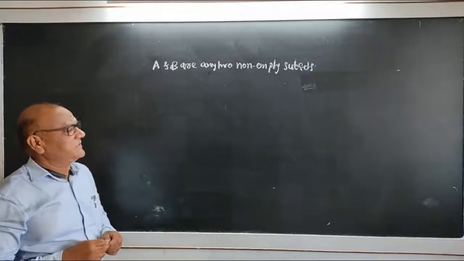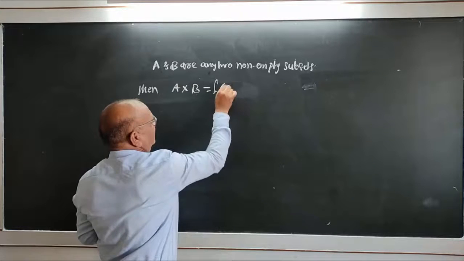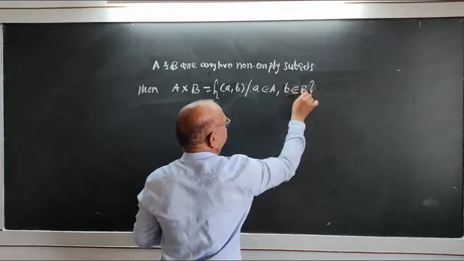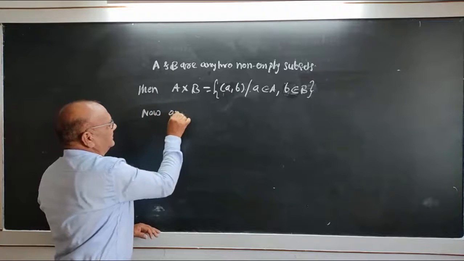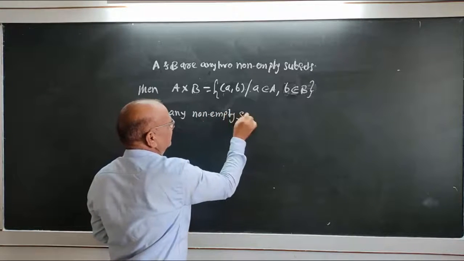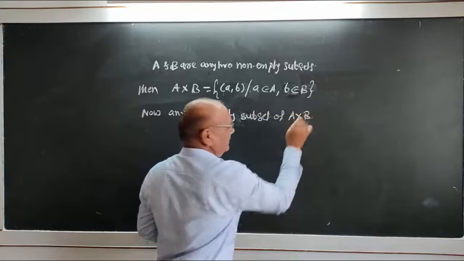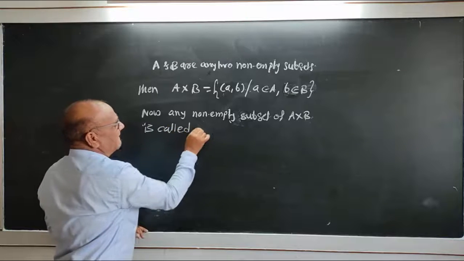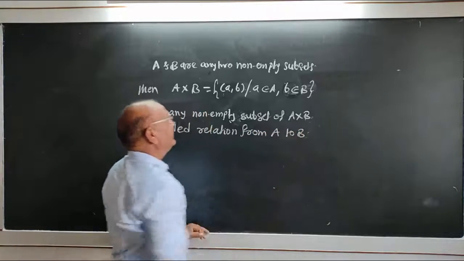Then A cross B is the Cartesian product, which is equal to the ordered pairs (a, b) such that a belongs to A, b belongs to B. Now, any non-empty subset of A cross B is called a relation from A to B.